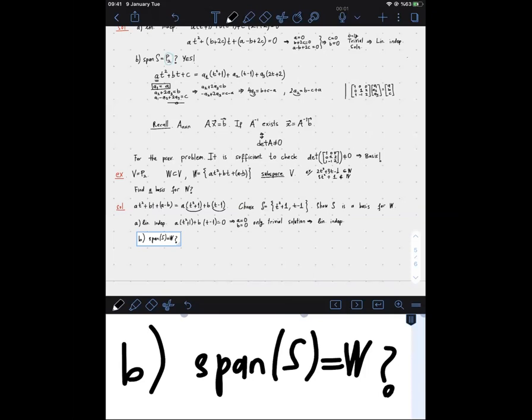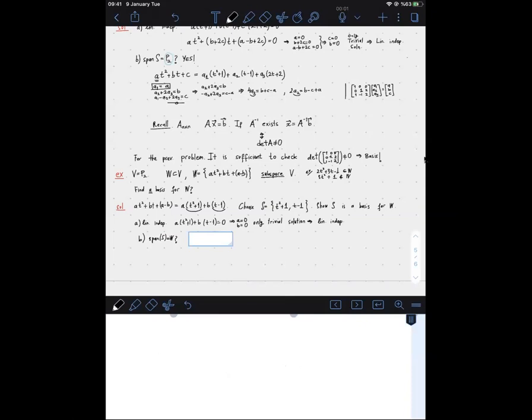Okay, so we already did this actually. So we showed that the span of S is W. Why? Because we wrote it here.